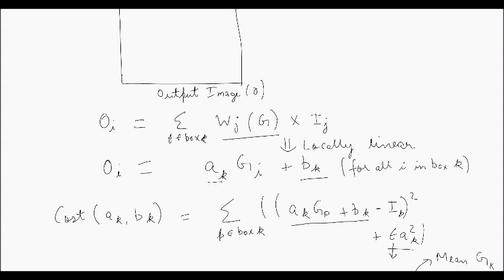Now we further simplify this model and say that my output pixel will only really depend on the guidance image pixel I and two constants. We'll calculate these constants based on the guidance image and the input image, and thus this becomes a locally linear model.